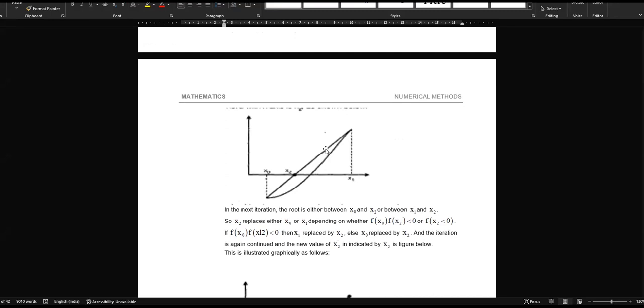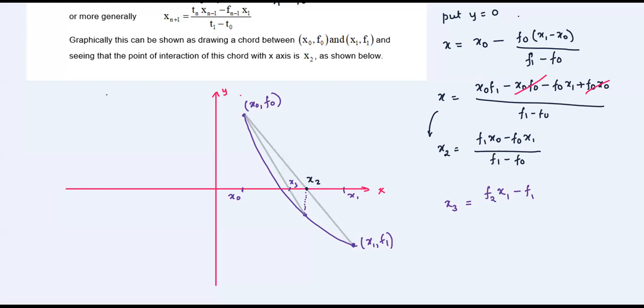Okay, this has taken a step like this. So for me, in this particular case, I will get x naught only.